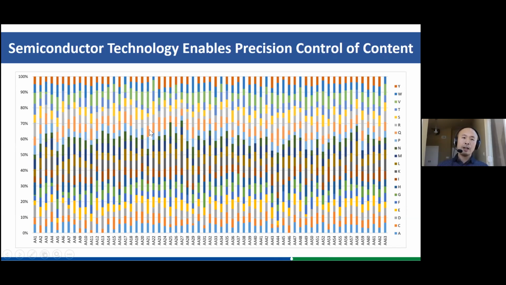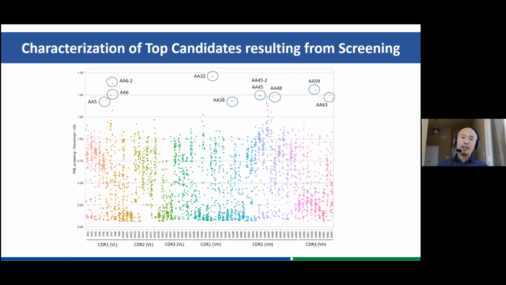So this is the NGS data again, a visual representation. And as you can see, the amino acid distribution is very even for all mutation sites. In this case, the customer actually shared their data with us. The customer used their proprietary screening and characterization method.